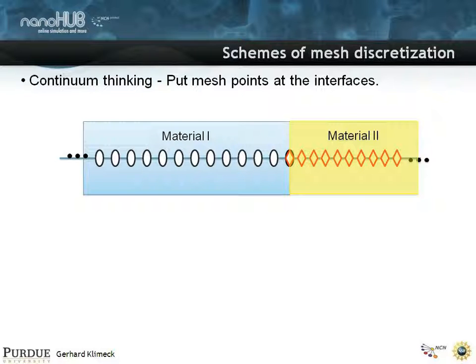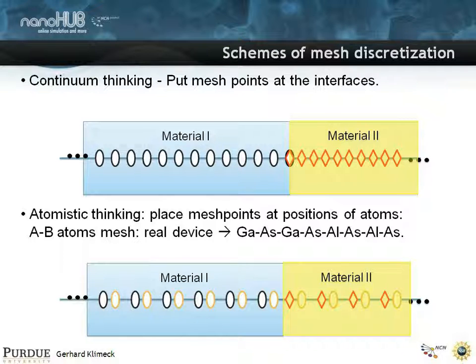But if you think hard about it, take a material like gallium arsenide and look at the 100 crystal direction, where you have certain planes of atoms. You might have gallium arsenide, aluminum arsenide, alternating like that. That means the true interface between the materials is actually between the atoms. It's not on the atoms, it's between the atoms.